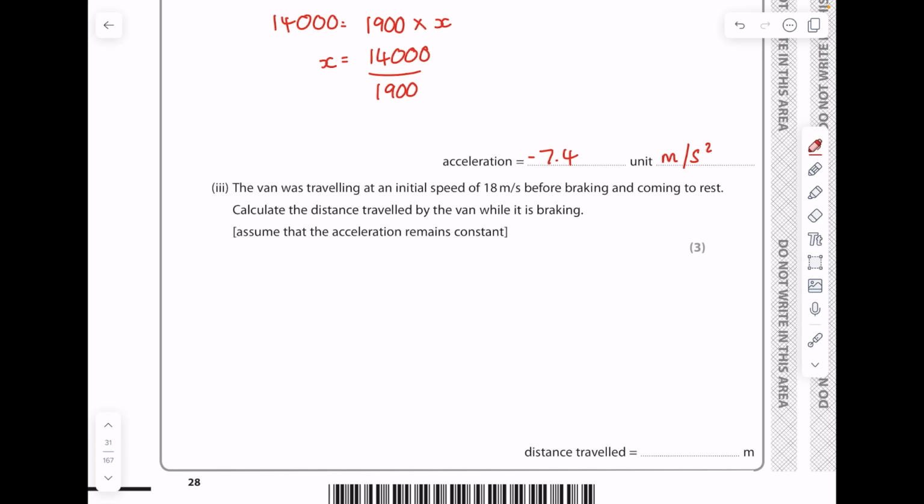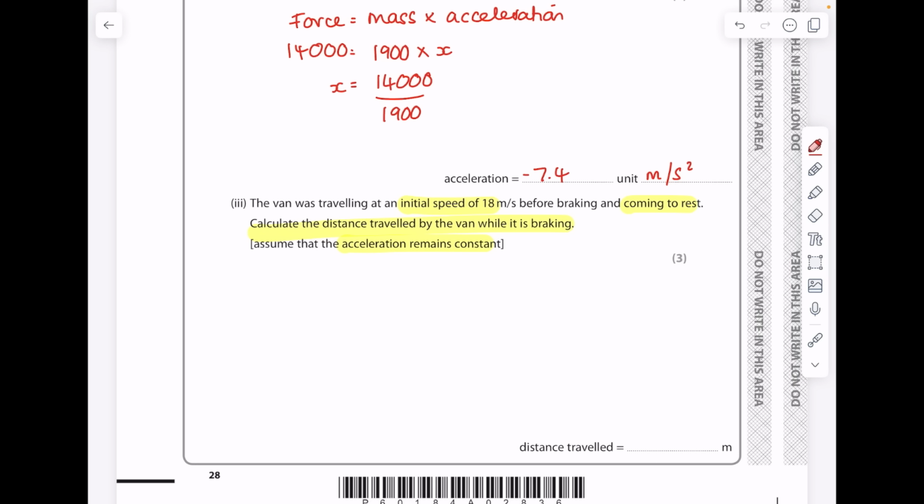The van was travelling at an initial speed of 18 meters per second before braking and coming to rest. Calculate the distance travelled by the van while it is braking. Assume that the acceleration remains constant. Let's label everything we have. We have a final speed, V, an initial speed, U. We're after distance, which is S. We know A. So actually we need to use SUVAT, which is V squared equals U squared plus 2AS.